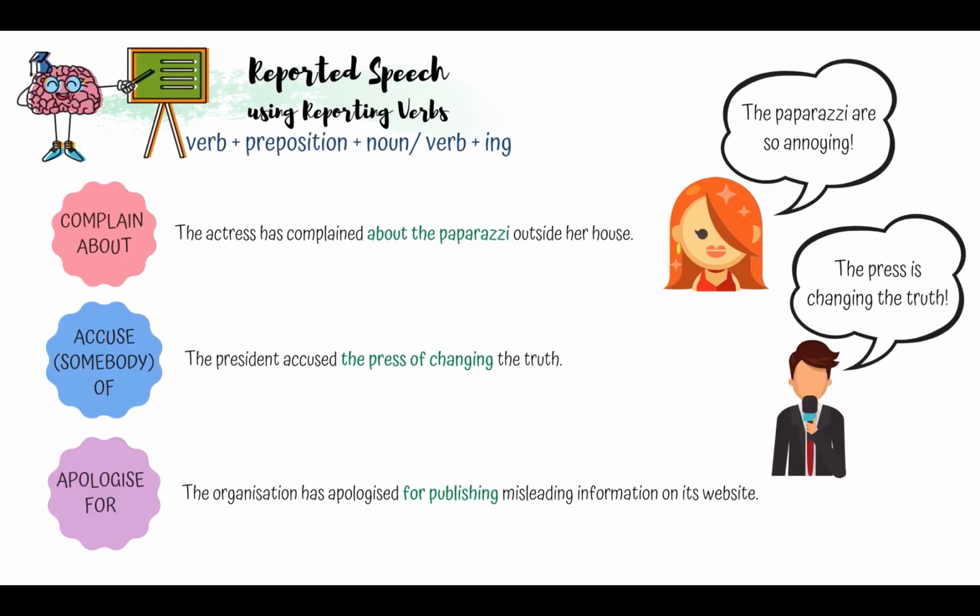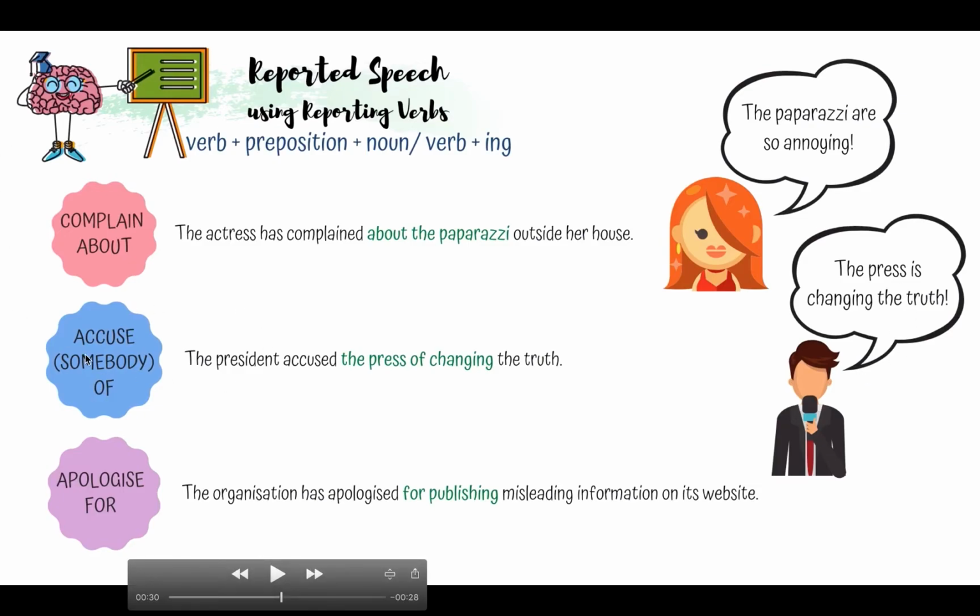What is actually happening here? Well, the press is changing the truth, so it's an accusation. He is accusing somebody of doing something. Now, if we use accuse, and you always accuse somebody of something, we have to then use the verb plus ing. So it's slightly different to the first sentence.